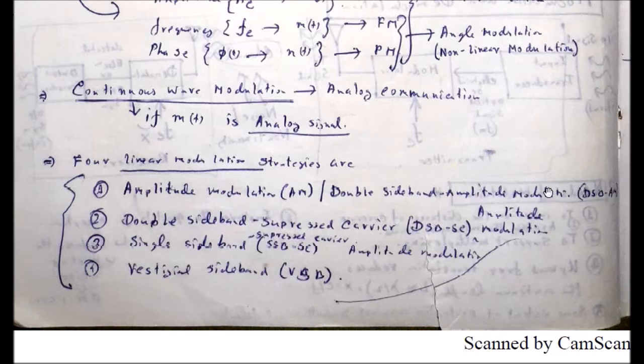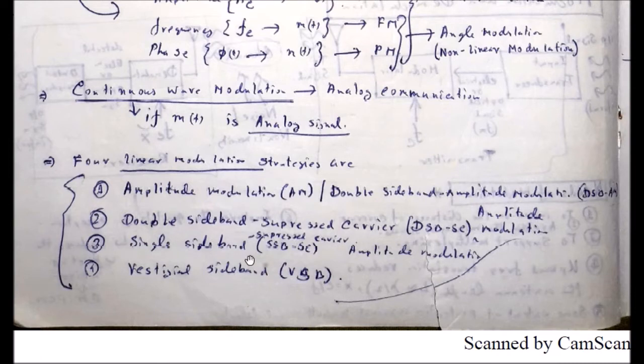It is one type of amplitude modulation and the simplest form. Next type is the double sideband suppressed carrier type, or DSB-SC type amplitude modulation. It is a bit complex, but in some aspect certainly better than the earlier one. I will discuss later in which aspect.